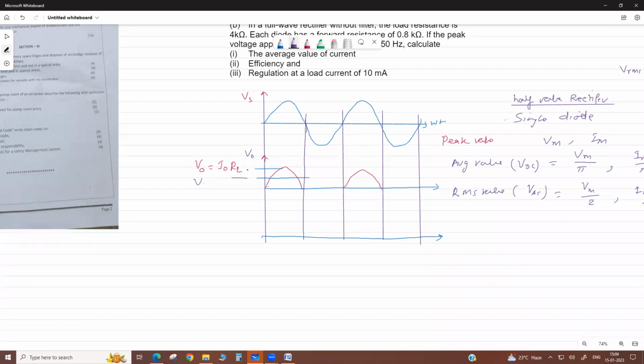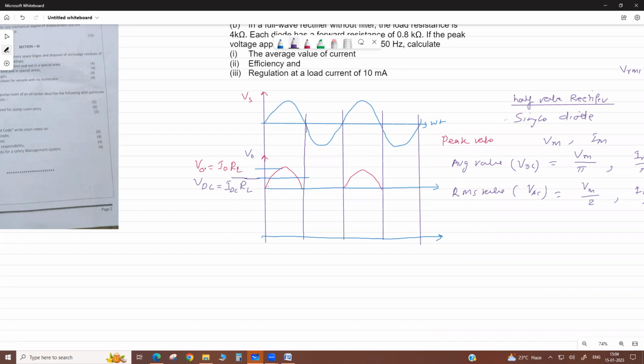This is called the average value, so it is DC. Here DC means average value. So how do we calculate the average value? If you know the DC current, the average value of current, then RL. So VDC equals IDC into RL. This will give the average value.